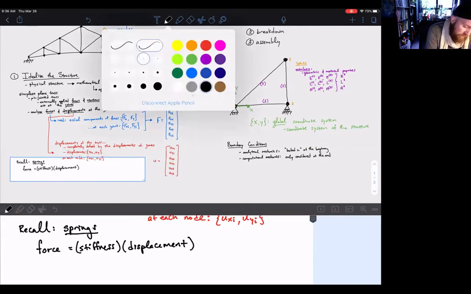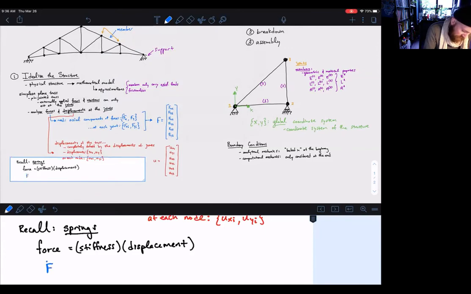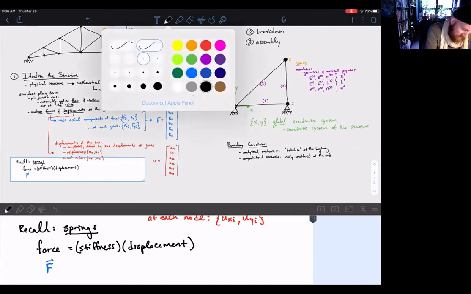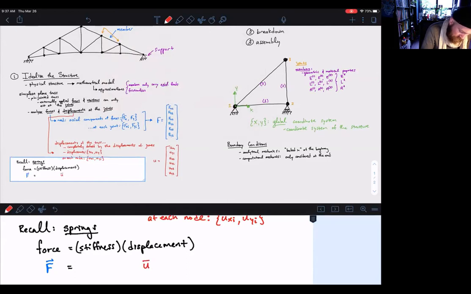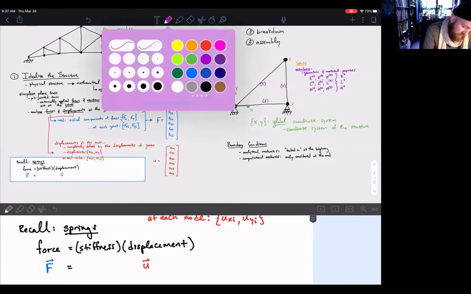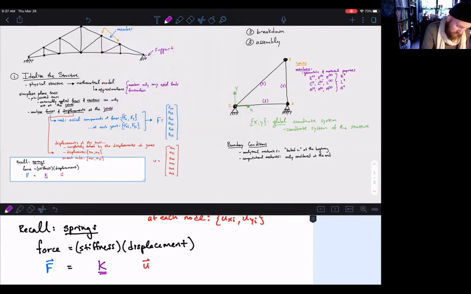So we are going to have that our force, which is a vector, is going to be equal to our displacements, which is a vector, and our stiffness connecting these two will have to be a tensor. In this particular case, we're going to have some matrix or tensor connecting the force to the displacement. Our force vector for this structure is a 6x1 vector.